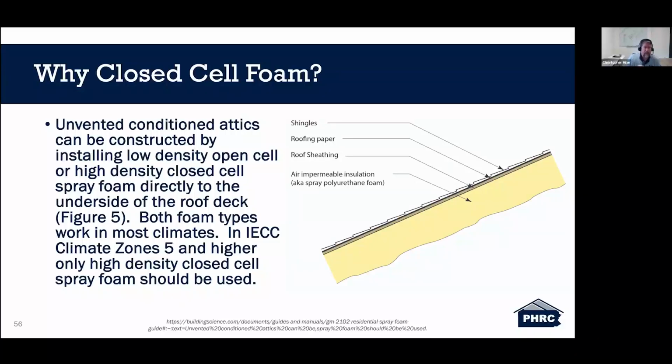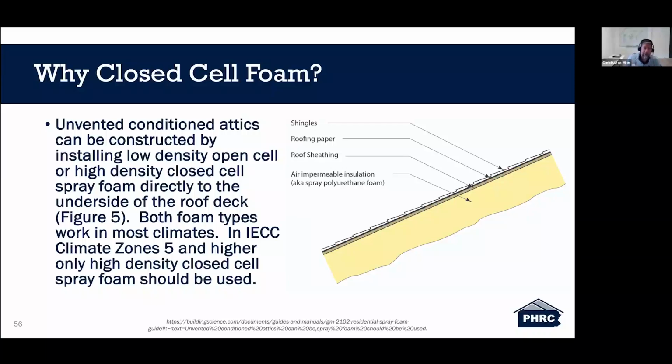But this document says that unvented conditioned attics can be constructed by installing low density open cell or high density closed cell spray foam directly to the underside of the roof deck, which is shown in this figure here on the screen. Both foam types work in most climates.